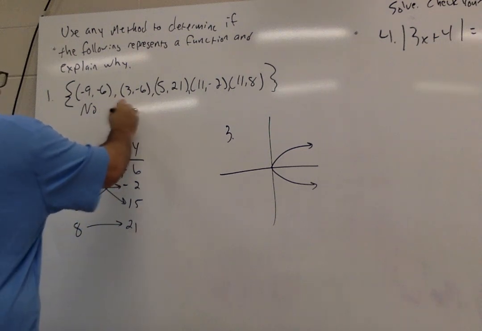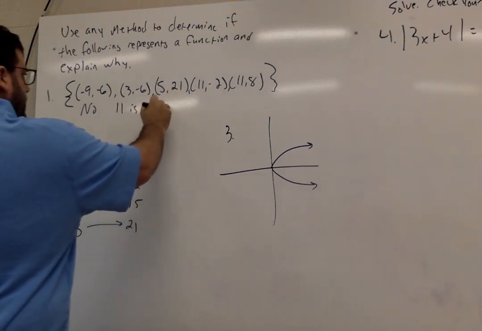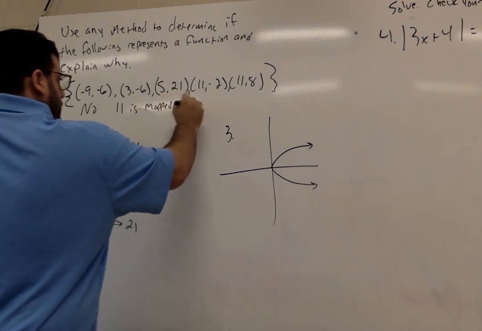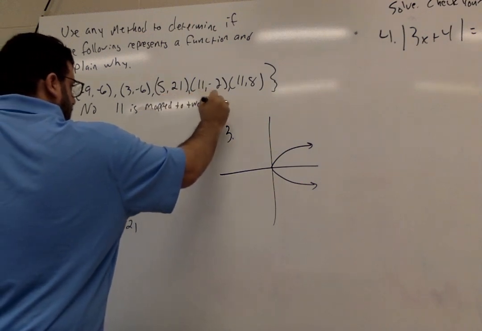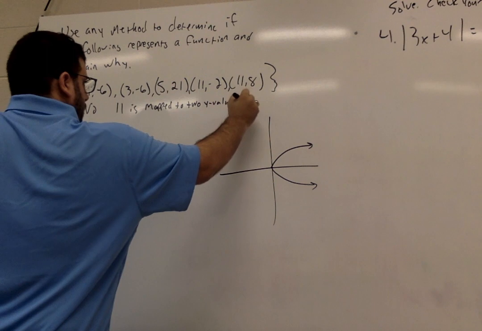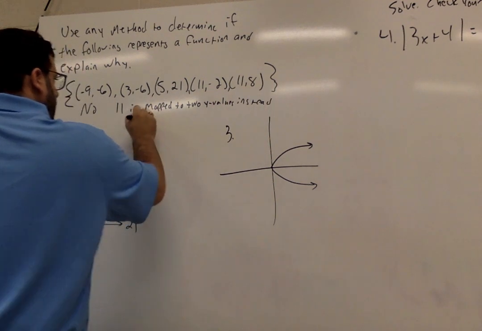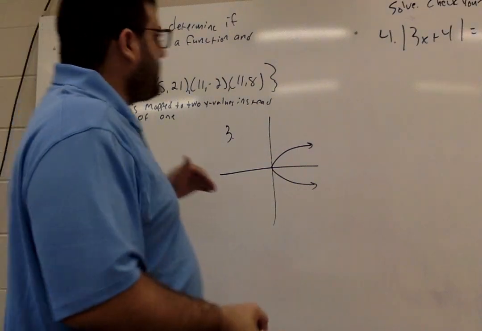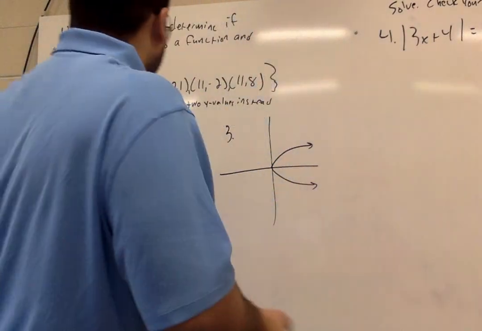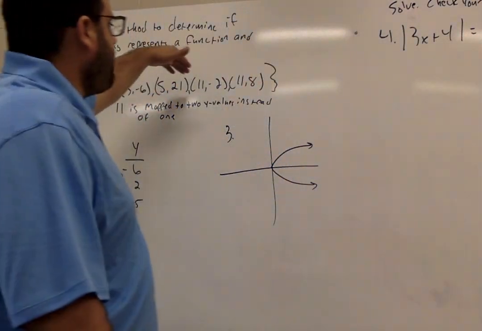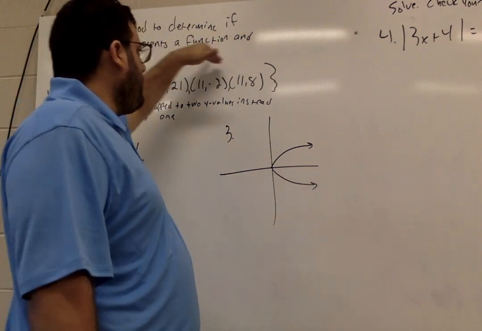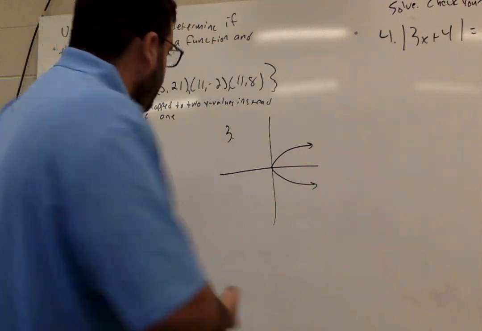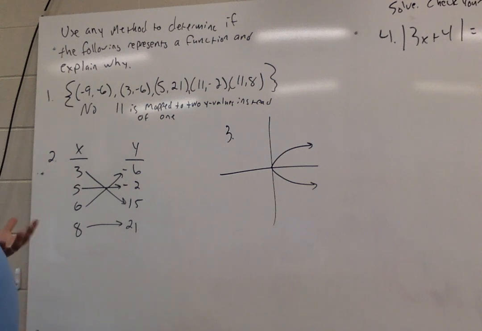So 11 is mapped to 2 y values instead of 1. You could also say not every x value is mapped to one y value. Or you could say 11 is repeated in the domain of this function. Okay, there's a number of ways that you can work around it.